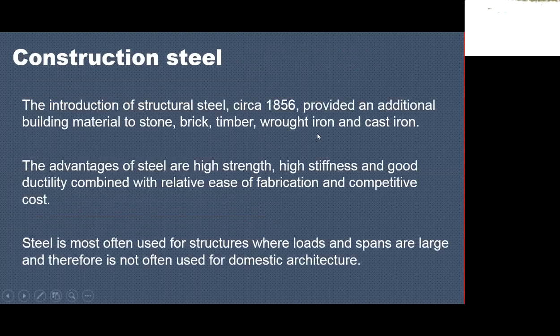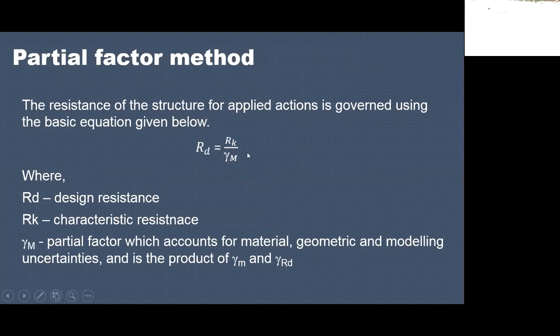So if you consider this Rk and divide this Rk by gamma m, this 1 over gamma m is becoming less than 1. So if your characteristic resistance is 30, then with 1 over gamma m less than 1, your design resistance is lower than the characteristic strength.